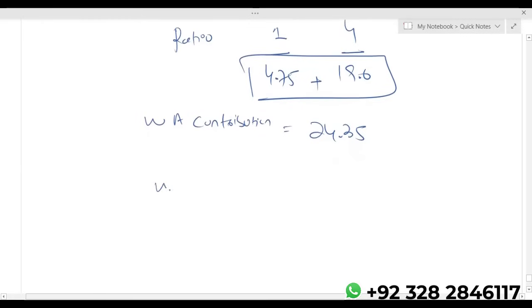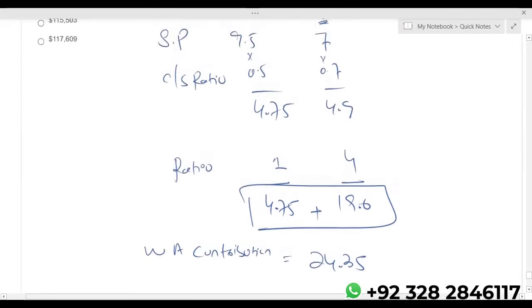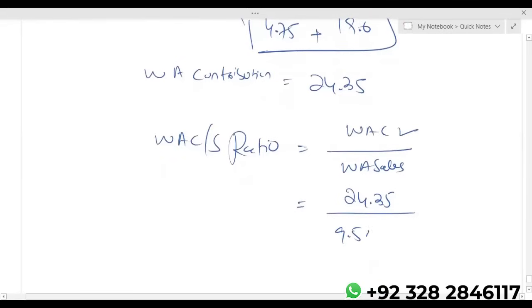Now we need weighted average CS ratio. How will you calculate weighted average CS ratio? We need weighted average contribution, which we have calculated, divided by weighted average sales. That will give you weighted average CS ratio. So 24.35 divided by X is 9.5 into 1, Y is 7 into 4. So 9.5 plus 28, in the denominator we are having 37.5.